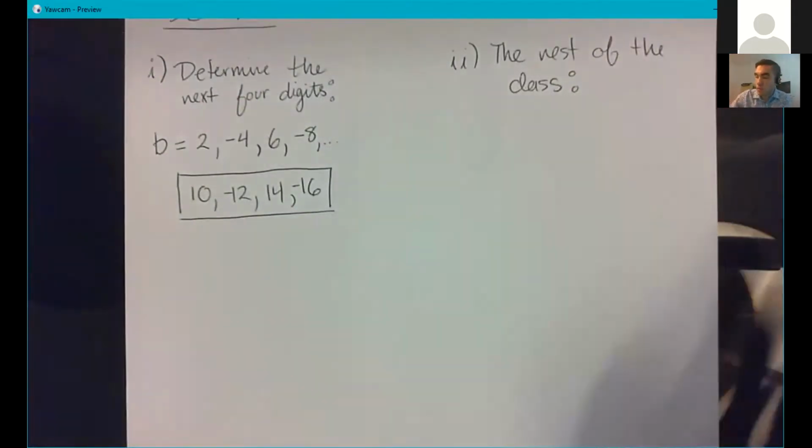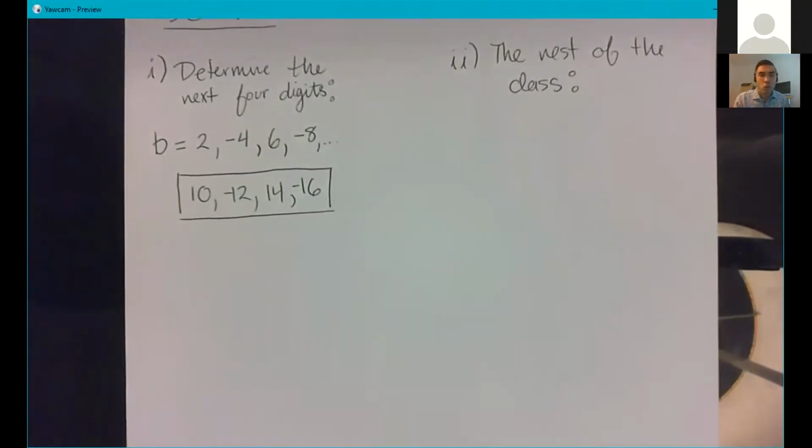I think the section would have been called conjecture, where we look at some sort of list of numbers or maybe a physical object with geometric properties, and we try and make guesses about the pattern, right? So what's the pattern that we observed here that allowed us to write those next 4 digits?